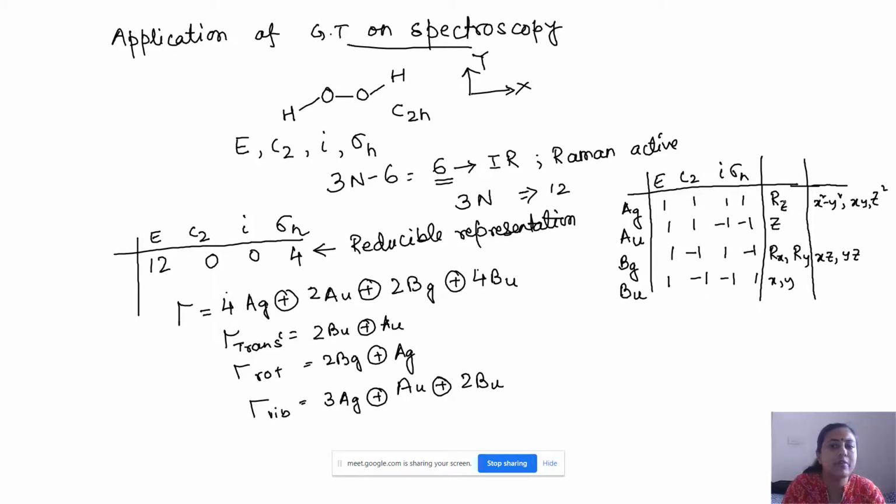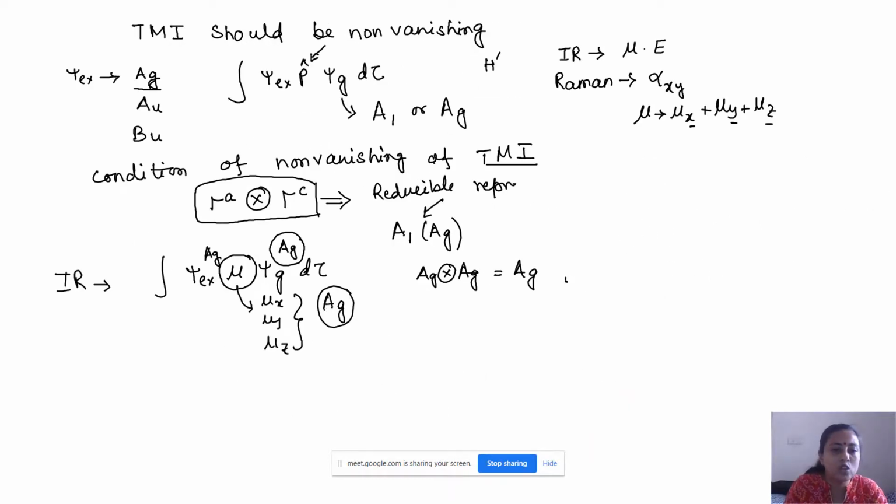There is rotational vector Rz, but x, y or z is not there beside this Ag. That means neither mu x nor mu y nor mu z is transforming as Ag. So there is no component of mu which is transformed as the symmetry species Ag. Hence this particular mode is going to be IR inactive.